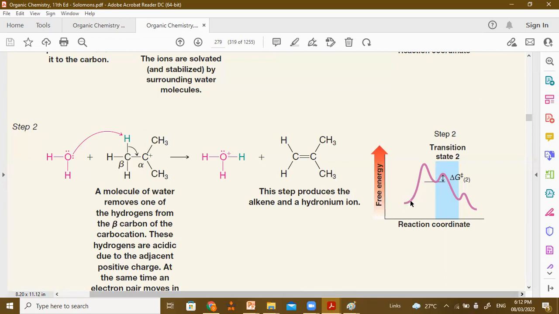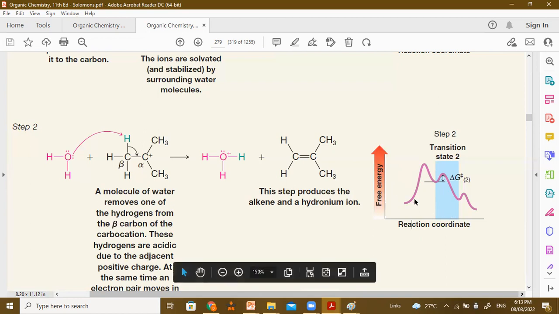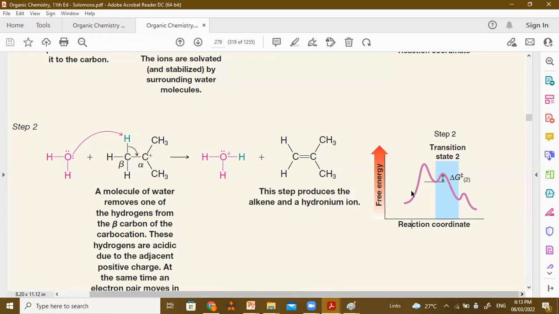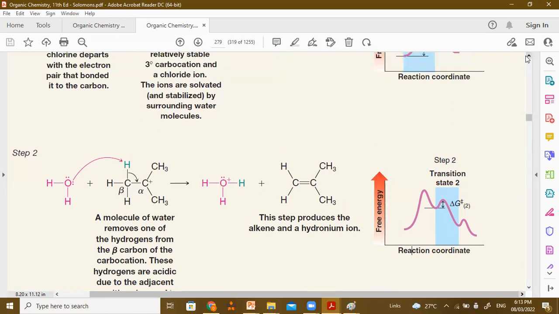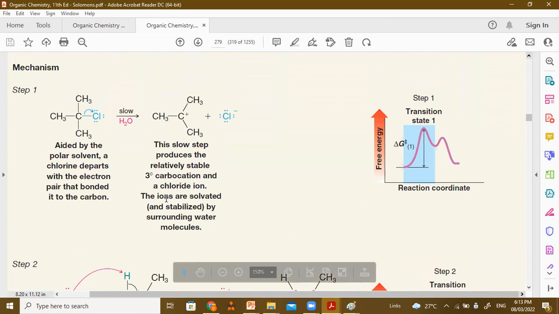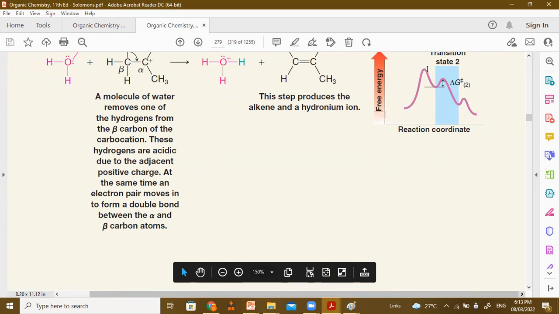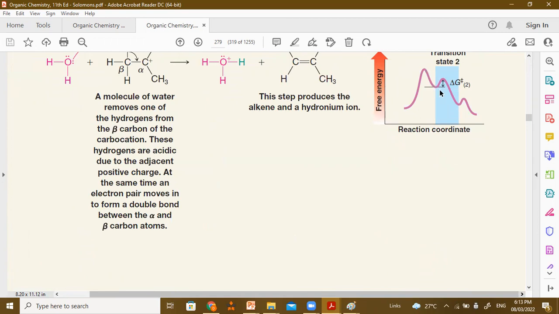First, if you look at the free energy reaction coordinate diagram here, you have your reactant for step 1. You have your transition state to form your carbocation, which is product 1. To produce your final product, there is a second transition state. So step 2 is your product 1 and your transition state in here.